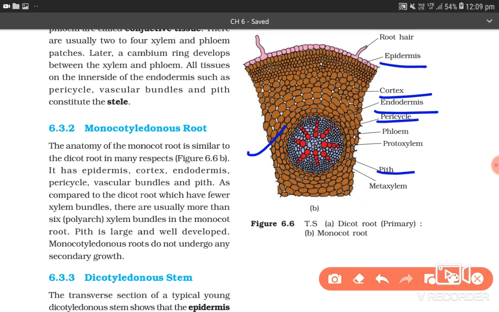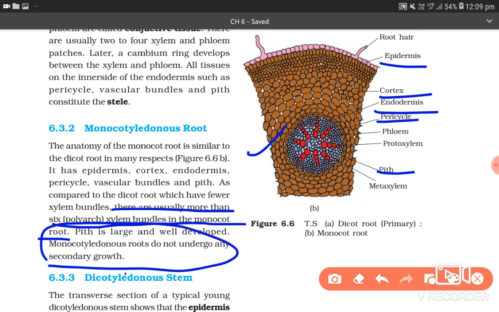As compared to dicot root which has fewer xylem bundles, there are usually more than 6 polyarch xylem bundles in the monocot root. Pith is large and well developed. Monocotyledonous root does not undergo any secondary growth.